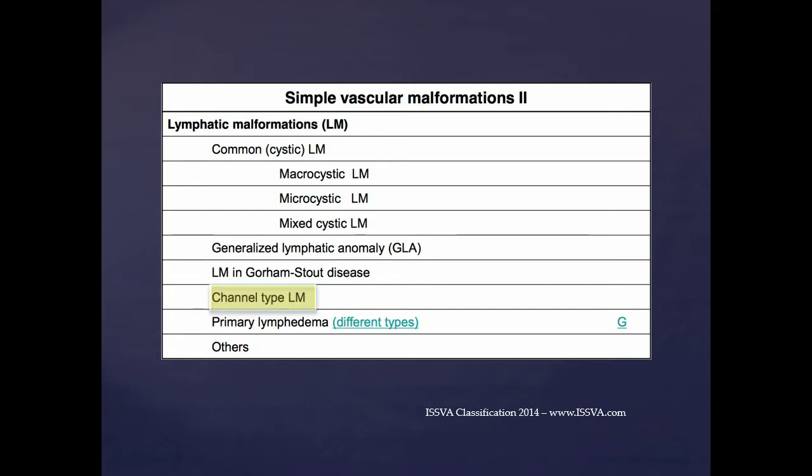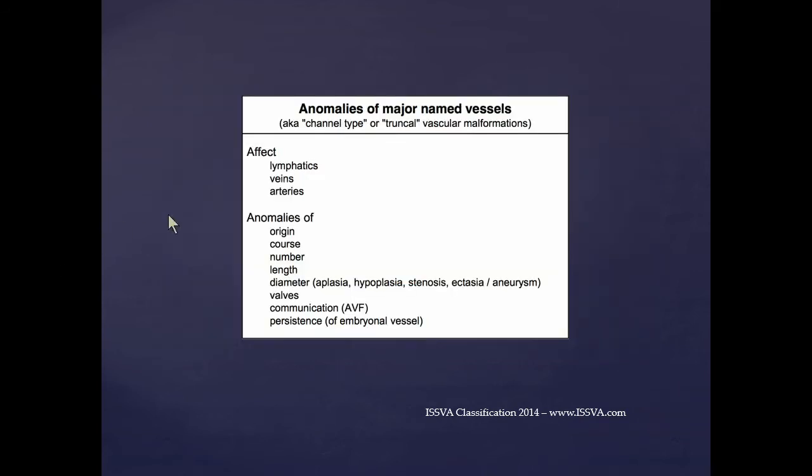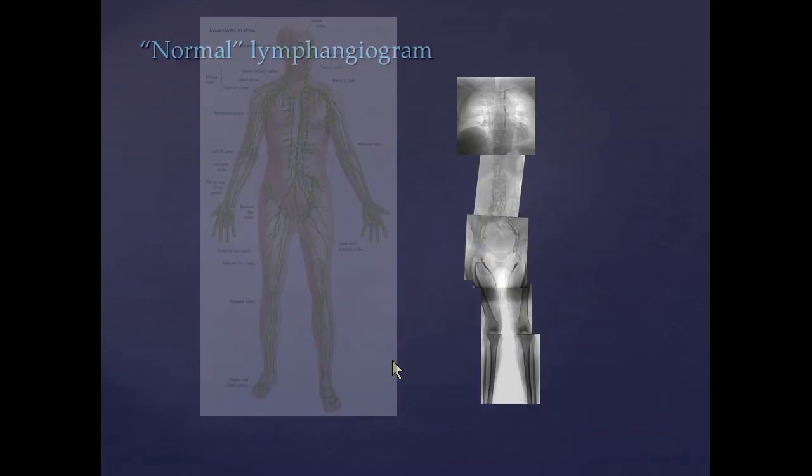It's the conducting lymphatics or other vessels, and they're typically central. They may be named structures in distinction to the peripheral ones. This is the subcategorization, so you can see these truncal anomalies can affect, typically lymphatics, but you do see it also in arteries and veins as well, and then you further subclassify them. Here's a normal lymphangiogram.